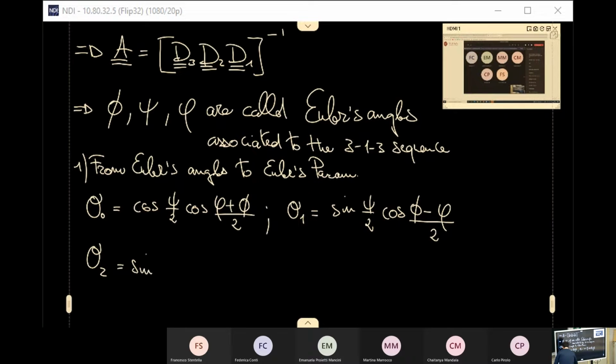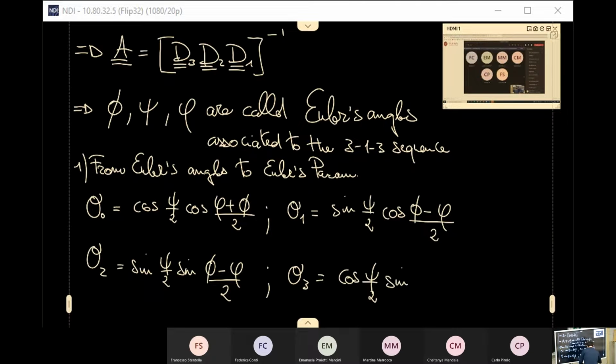Then the sine of phi divided by 2 times the sine of, times the cosine of c divided by 2 times the sine of phi plus theta divided by 2. Okay? So this is the first passage.